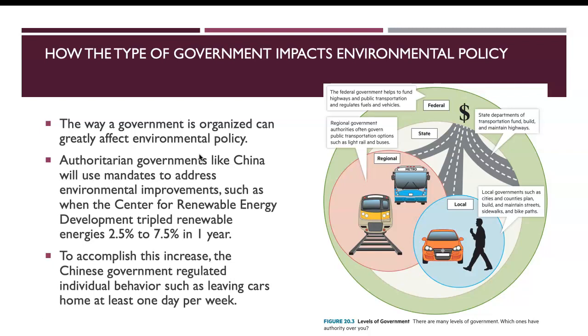For example, it just orders certain companies to go for renewable energy development, or makes mandates like vehicles with a last digit odd or even number can only get on the road on the even or odd number days of the month. That kind of controls the traffic flow and the greenhouse gas emissions.